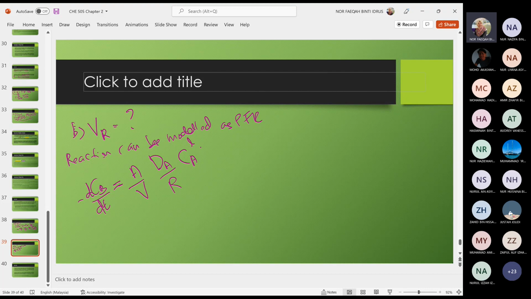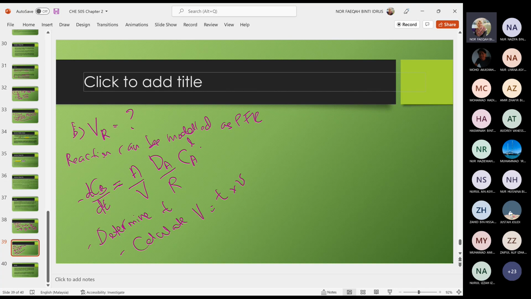CA in liquid phase. So, ada value. Determine, okay, B given, A given. Tu tak ada masalah. Determine tau. Okay, determine tau. And then, bila you dah determine tau, calculate volume. Sebab volume equal volume divide with volumetric flow rate, you will get residence time.